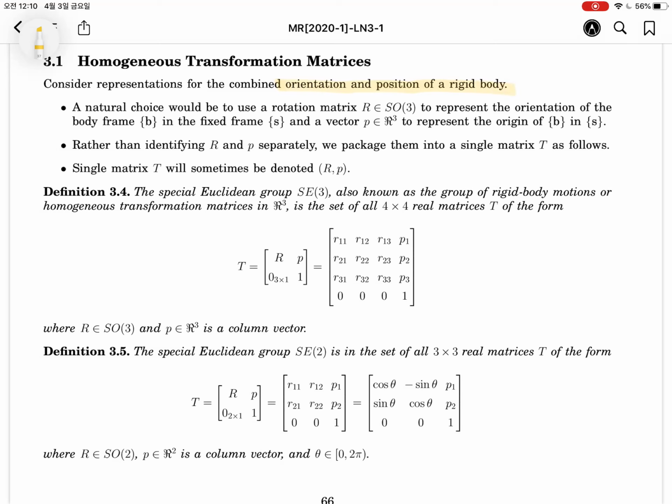Actually, the natural choice would be to use the rotation matrix to represent the orientation of a rigid body, frame B, in the fixed frame S. The core element is 3, but we are using the rotation matrix as a 3 by 3, using 9 elements. And a vector belonging to R3 is required to represent the origin of B in S. Like this, the rotation matrix and the vector p can be used for obtaining the rigid body motion.